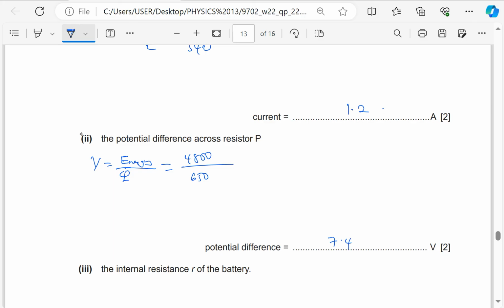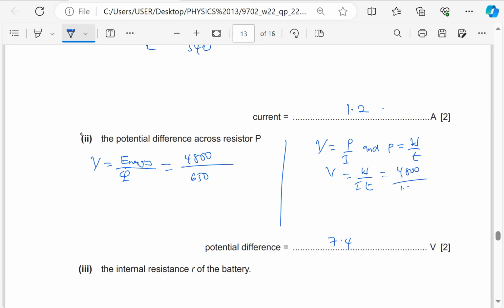Alternatively, I could use a simple formula such as PD equals power divided by current. And of course, remember, power is still equal to the work done over time taken, or energy transferred over time taken. So V will still be energy transferred over time, I times T. So that is I times T, which is still the same as 4,800.